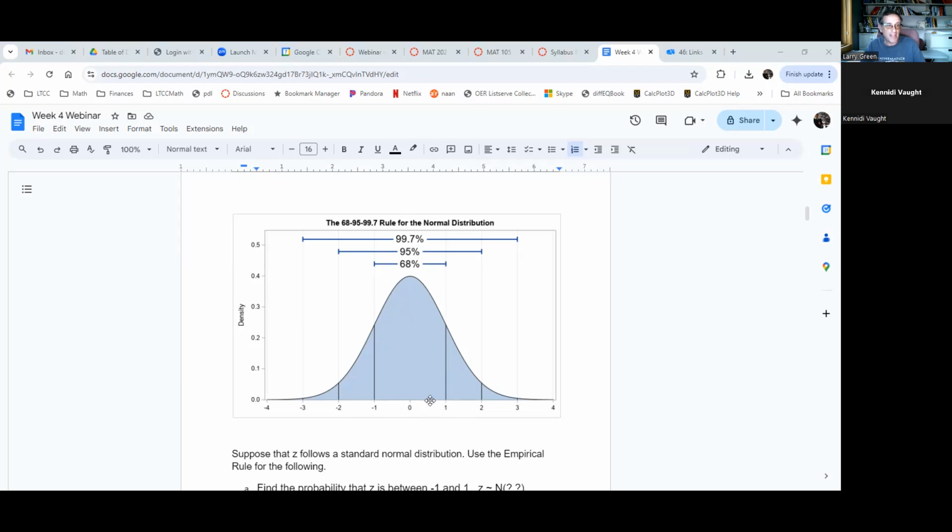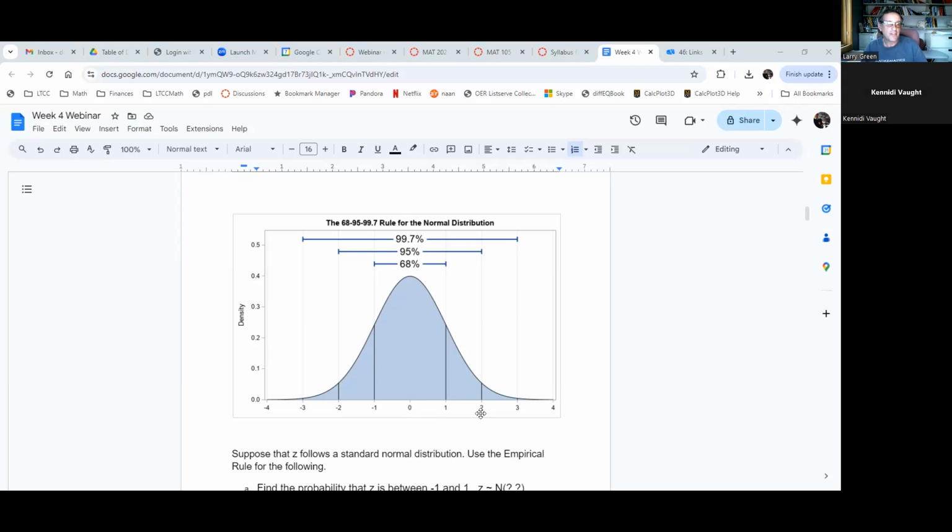That is the area of that region, and there's no way you're going to come up with that area using formulas and equations. Instead, you are supposed to know, or at least have in your notes, that 68% of all the data, which means the area, is between -1 and 1 for the standard normal distribution.